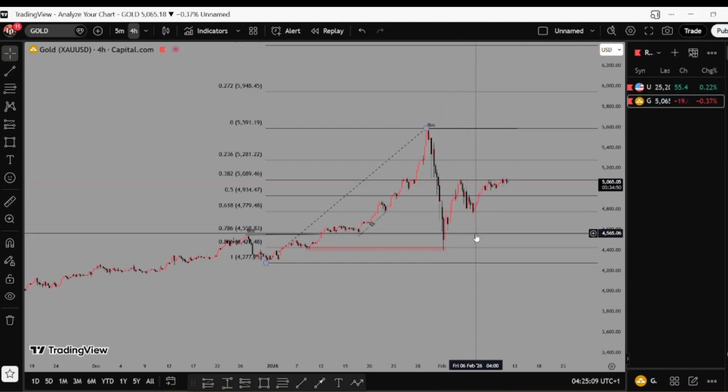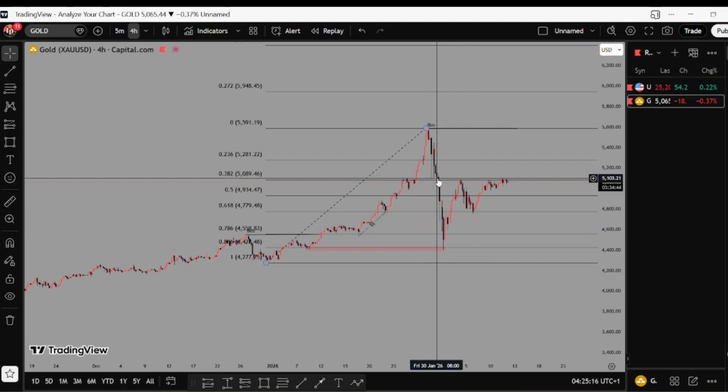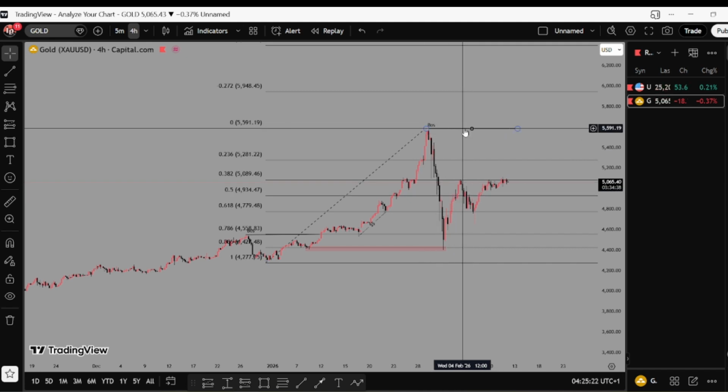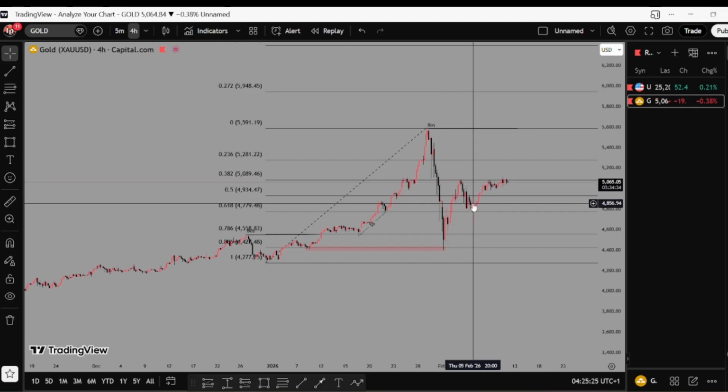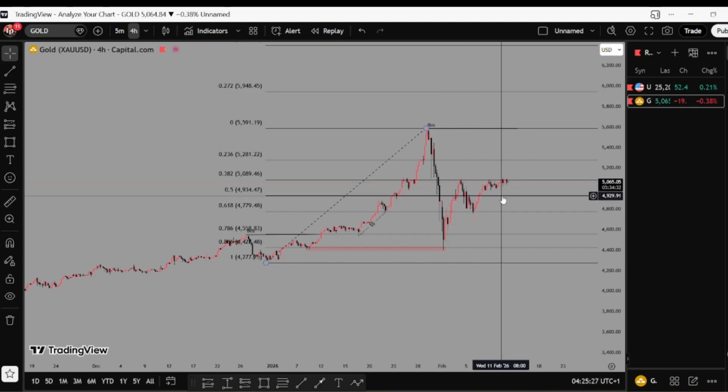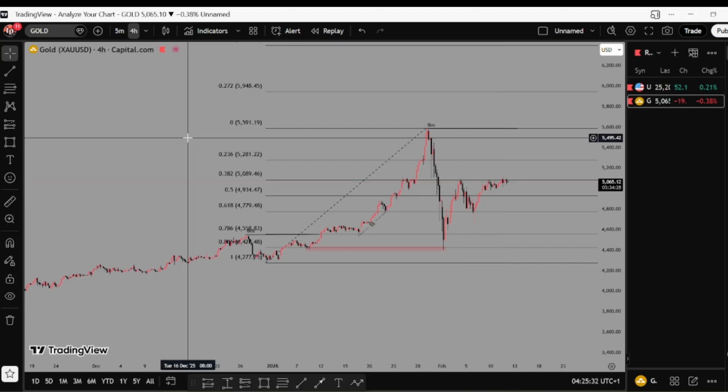Once they pull back at the lower low, you look for sells. Whatever happens in the higher time frame has a high probability to also happen in the lower time frame, like 5 minutes and 15 minutes. Most of the time, if you are looking for more entries, you go to the 5 minutes time frame. That's why I have two time frames here, which are the 4 hours and the 5 minutes.